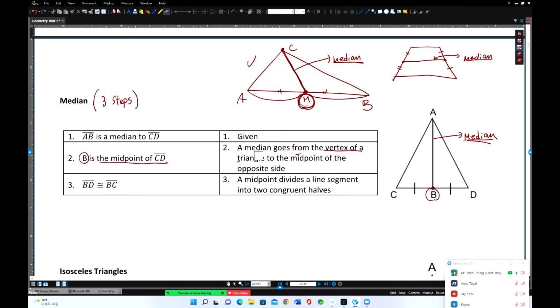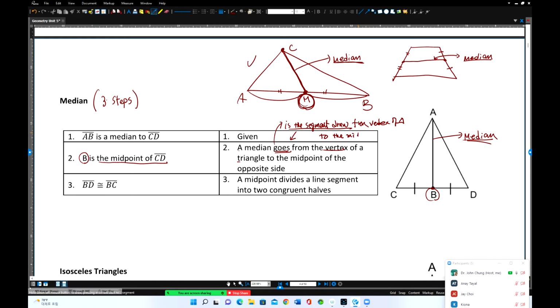A median goes from, or you can say, a median is the segment drawn from the vertex of a triangle to the midpoint of the opposite side. Instead of "goes," you can use "drawn."